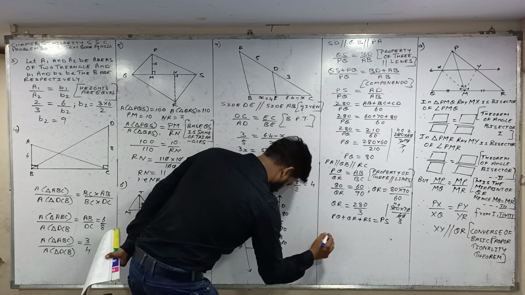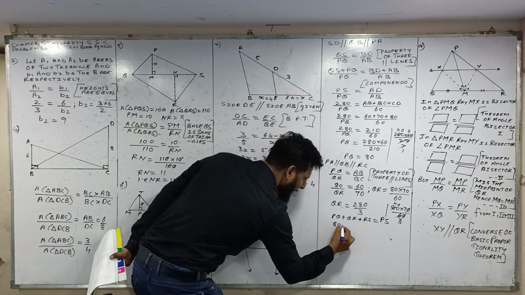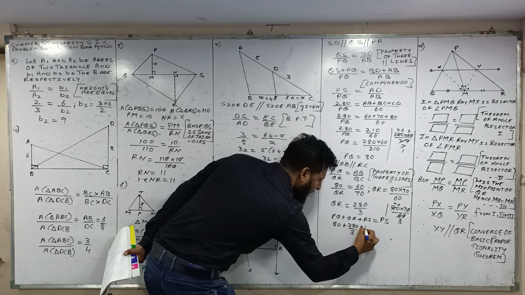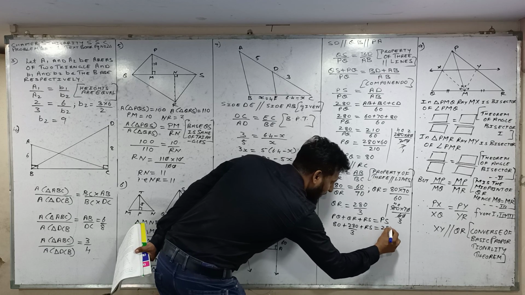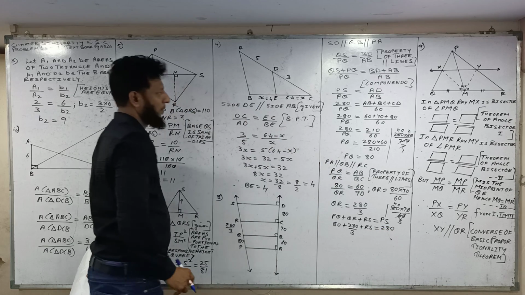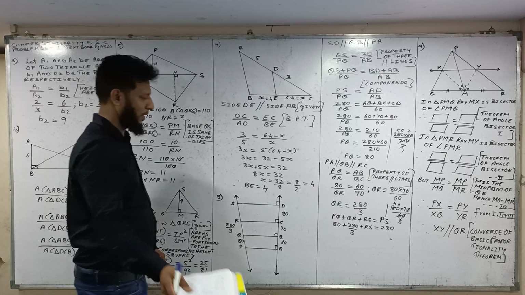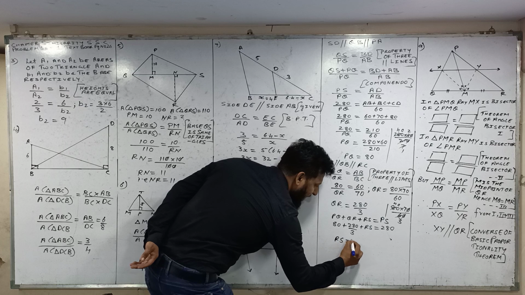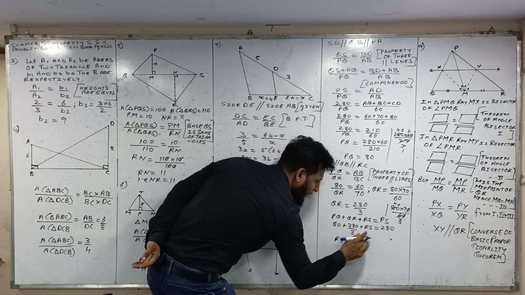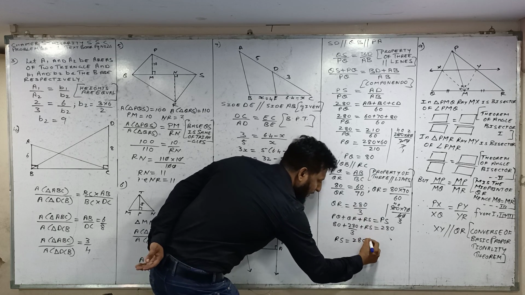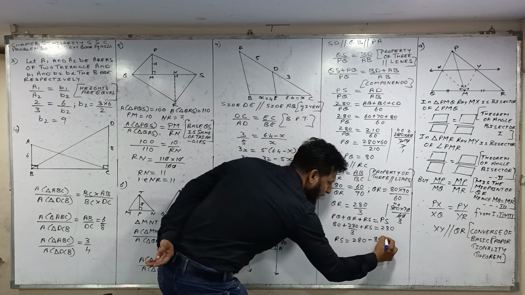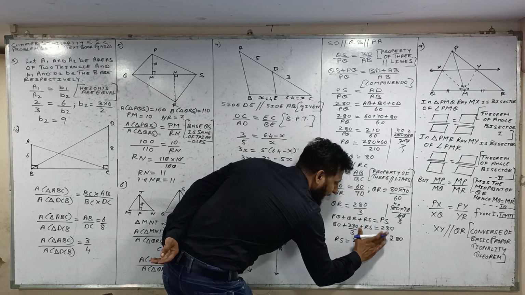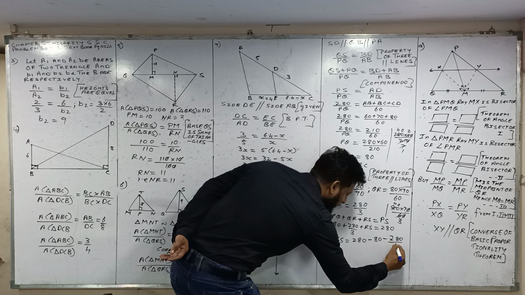So PQ how much? 80 plus QR 280 upon 3 plus RS we have to find out, and PS is 280. PS is given 280. Now RS on left side 280 will come, right hand side 80 will come here, minus 80, and this plus 280 upon 3 will become minus 280 upon 3.